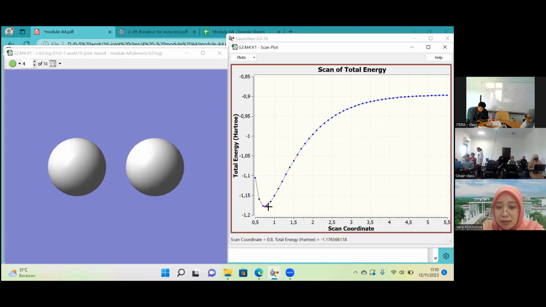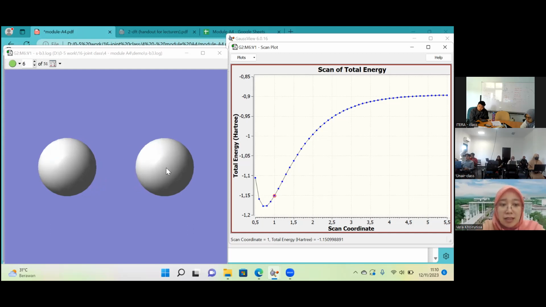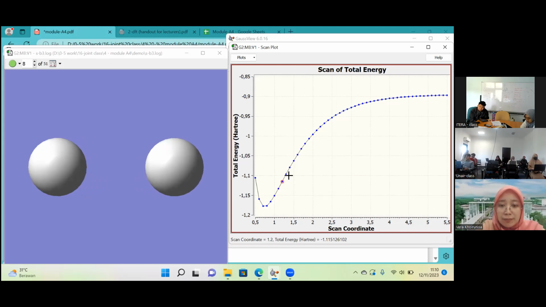You can click. And you can see in here, the atom is also moving. So from here, this is 1.3.